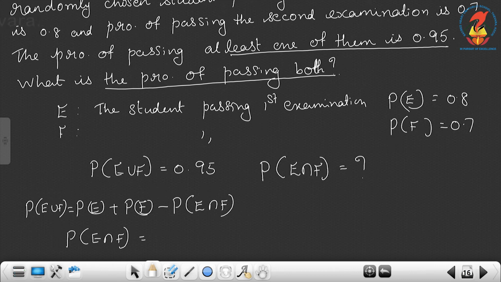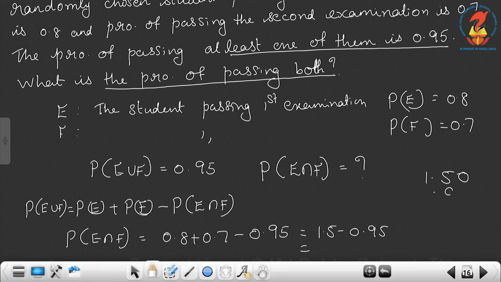It is P of E plus P of F minus P of E union F. 0.8 plus 0.7 minus 0.95. So 8 plus 7 is 15, 1.5 minus 0.95 is 0.55. So it is 0.55.